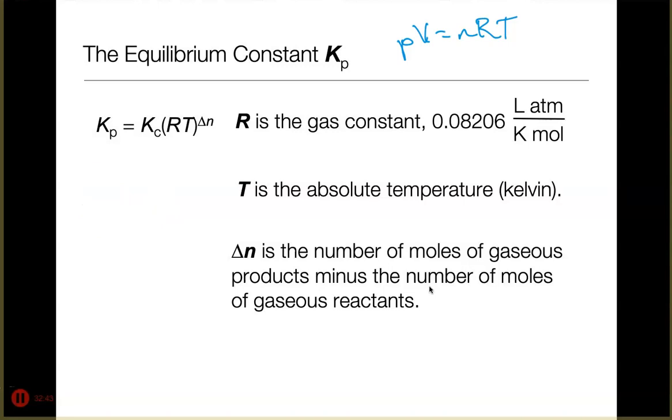So just know from the last slide, there's a relationship between pressure and concentration. Luckily for us, it requires a little bit of calculus, so the book does it for us, and we're not going to do the calculus, but we can pull out this expression that relates Kp to Kc. The only thing new here, R is our gas constant. We just need to keep track.